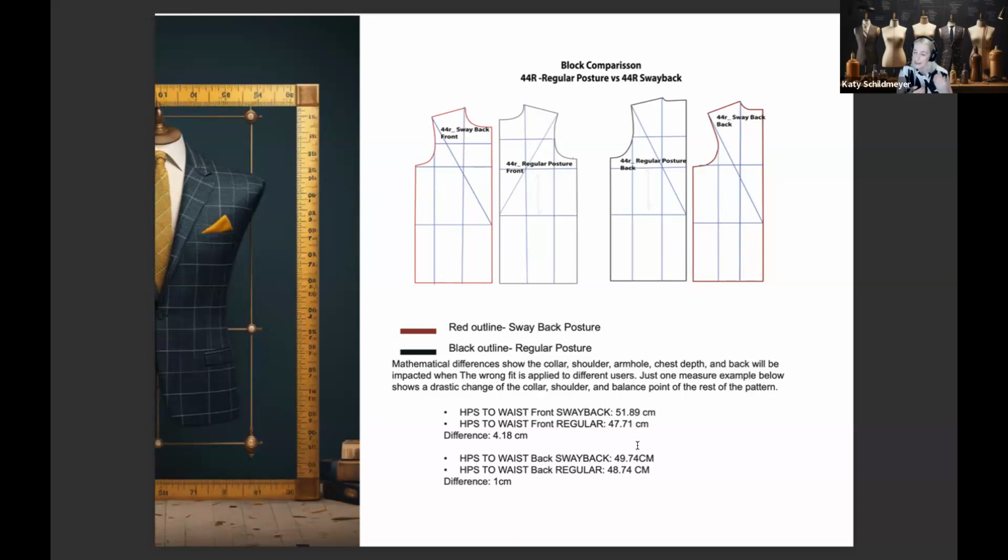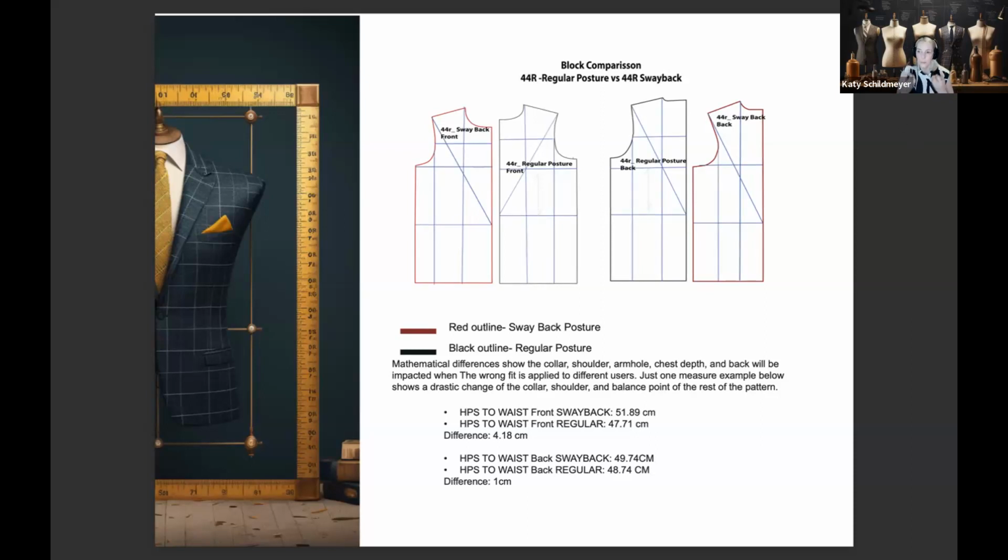It impacts the shoulder balance, and then moves all the way down through the body of the garment. As you can see, the waistline sits lower, the chest line balances, right? The across chest balances, but that waistline does pull longer. And then also the armscye sits lower, which creates a different sleeve structure in itself.